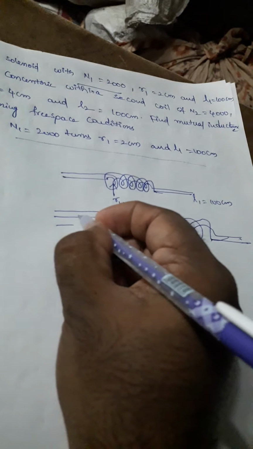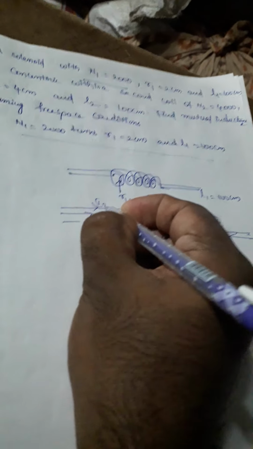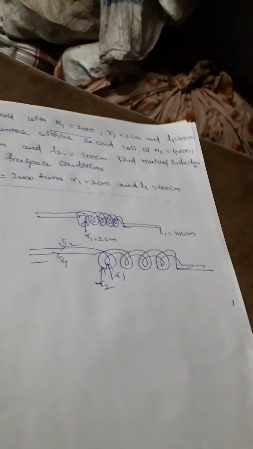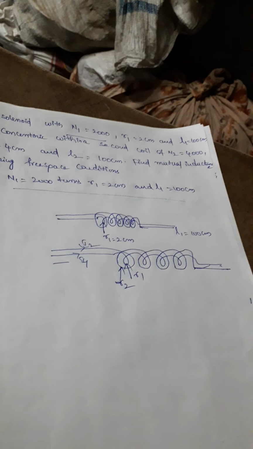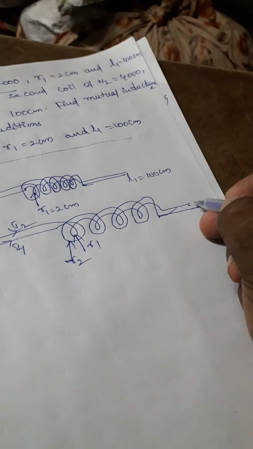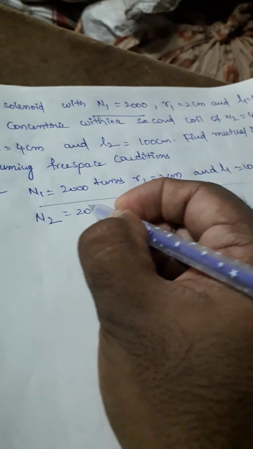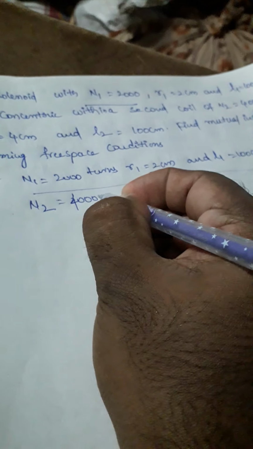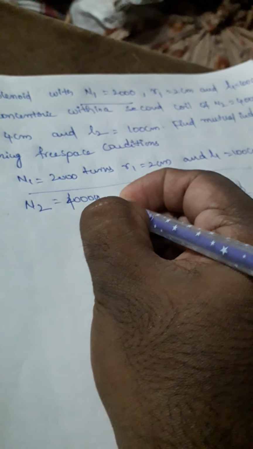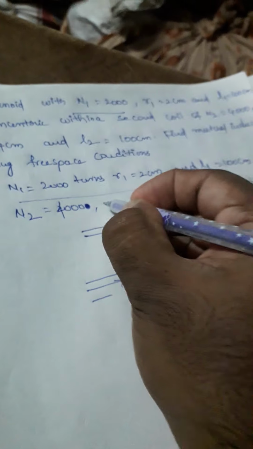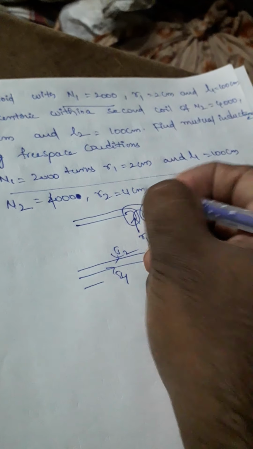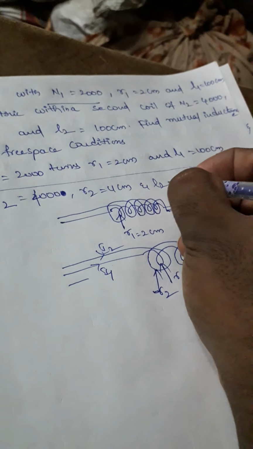This is I1 and this is I2. That means I1 is the current through solenoid 1, and I2 is the current through solenoid 2. Here it is L1, and here L2. For the second solenoid, N2 is equal to 4000 turns, R2 is equal to 4 centimeter and L2 is equal to 100 centimeter. That means their lengths are the same.